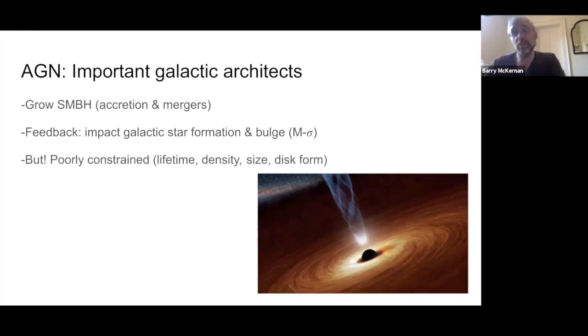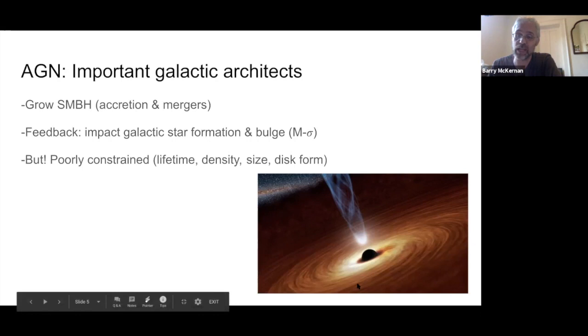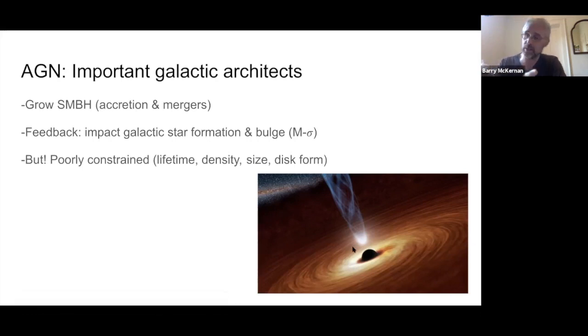Okay, so in a nutshell, AGN turn out to be important galactic architects. If you're interested in the small scale, the supermassive black hole right at the center, the AGN is a great way of growing the mass of the central supermassive black hole directly, just by piling gas on top of it.